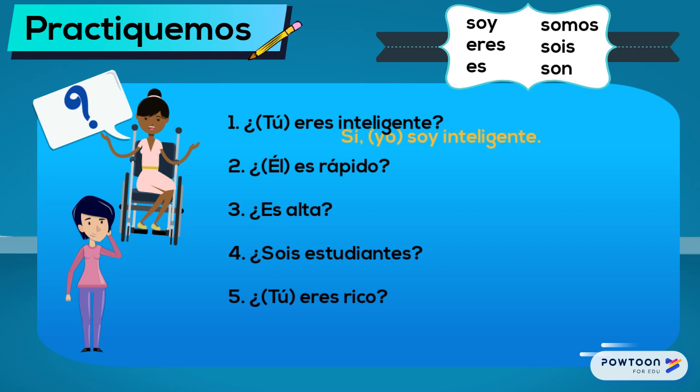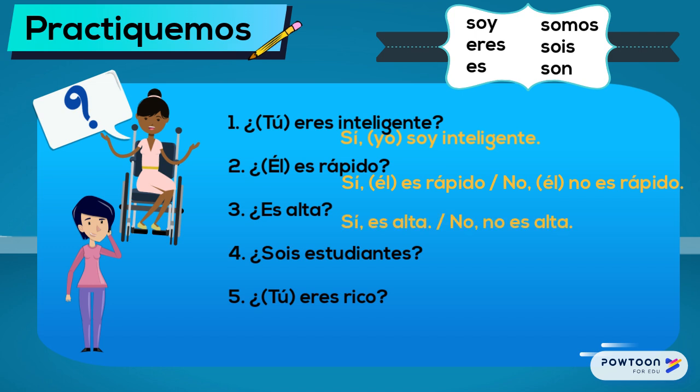Sí, yo soy inteligente. Remember, I have the pronouns in parentheses because they're optional. Número 2. Sí, él es rápido, or you could have said no. Él no es rápido. 3.